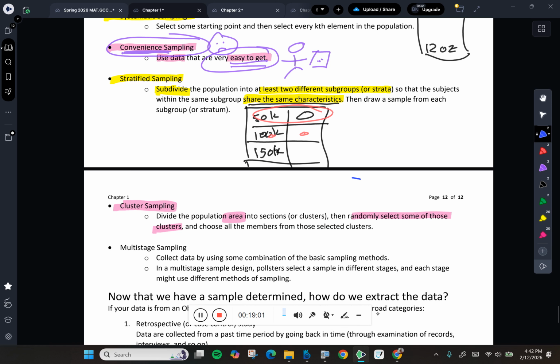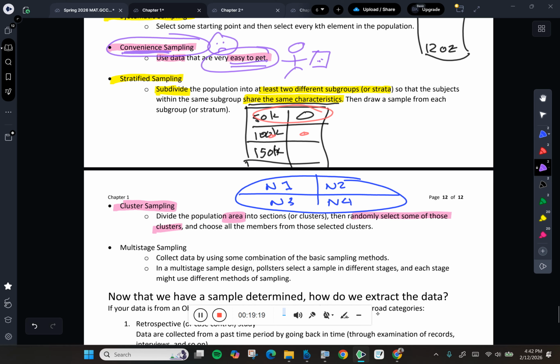You would break your area down into clusters. So this would be neighborhood 1, neighborhood 2, neighborhood 3, neighborhood 4. Then you would randomly pick a number 1 through 4. Let's say we randomly pick 2. You would go into neighborhood 2, knock on every door, choose all the members of that cluster, and ask them their thoughts on it.